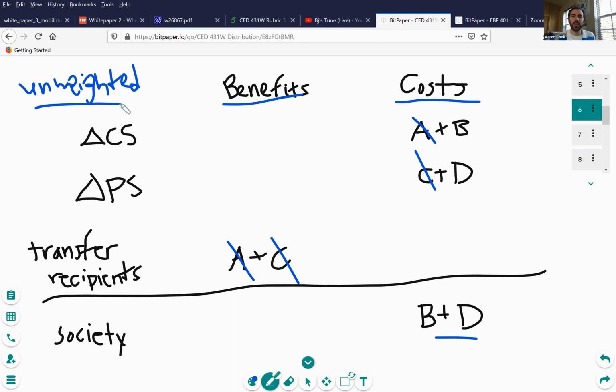You're treating everybody as consumer or producer surplus or income change. You're treating all of that as being the same.